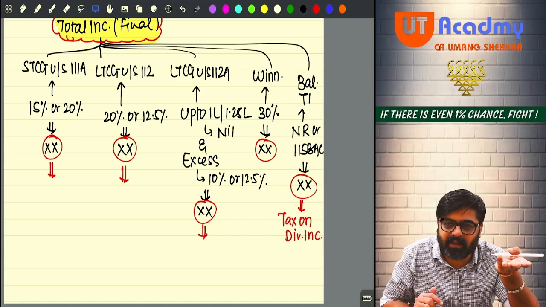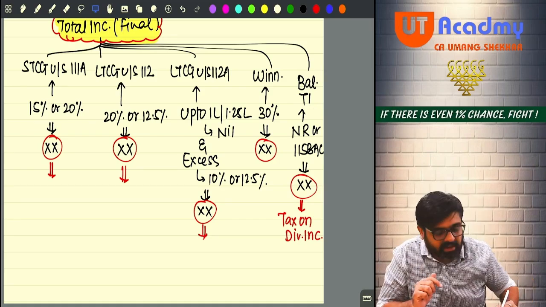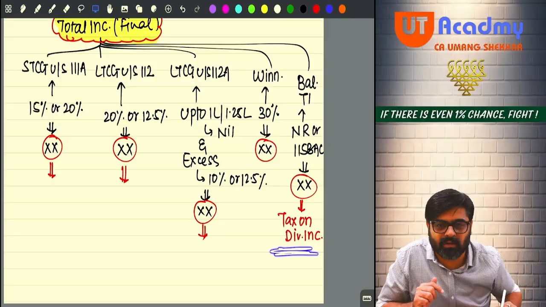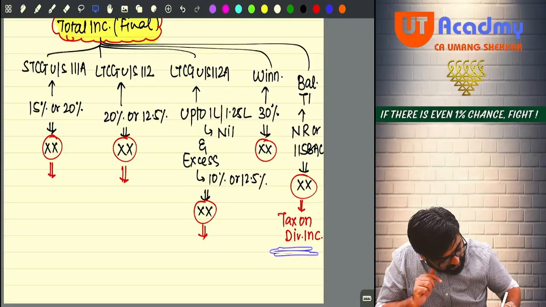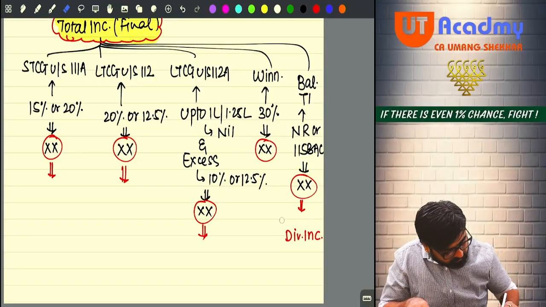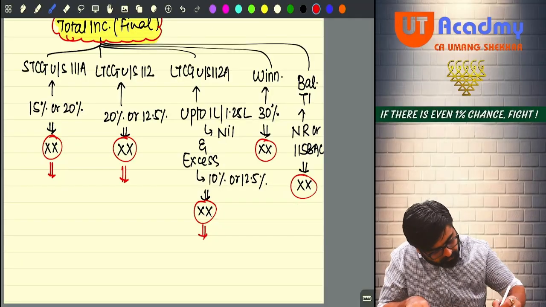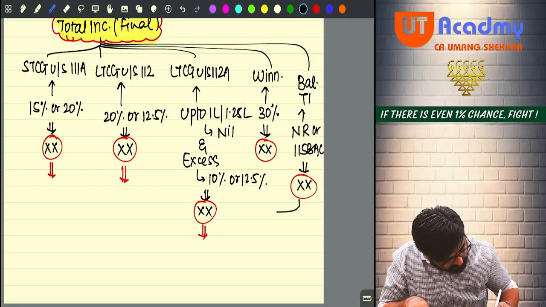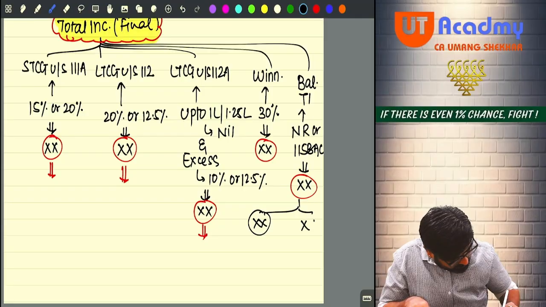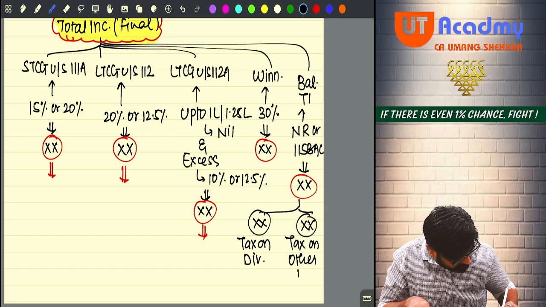Cross multiplication will give you the tax on dividend income. So this tax will be divided into two parts: tax on dividend income and tax on other incomes.